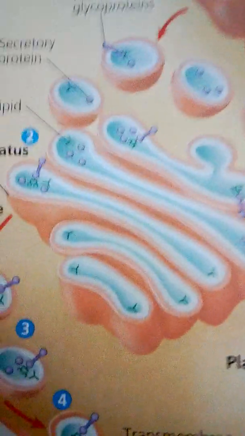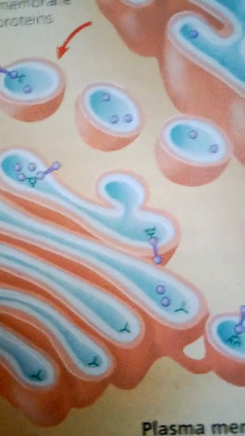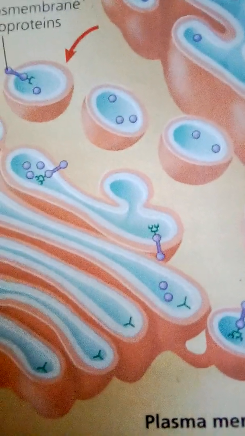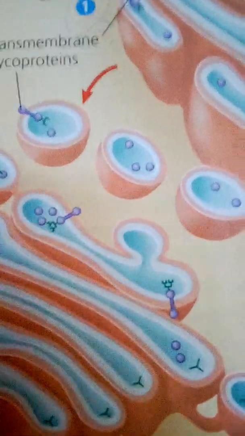More about the role of membrane carbohydrates in cell recognition. Cell recognition, a cell's ability to distinguish one type of neighboring cell from another, is crucial to the functioning of an organism.